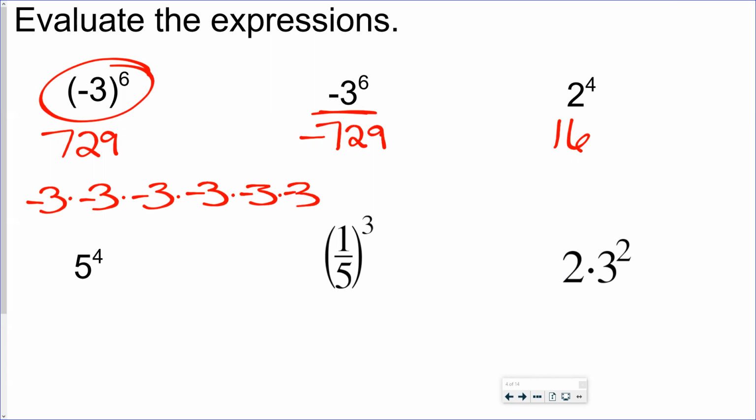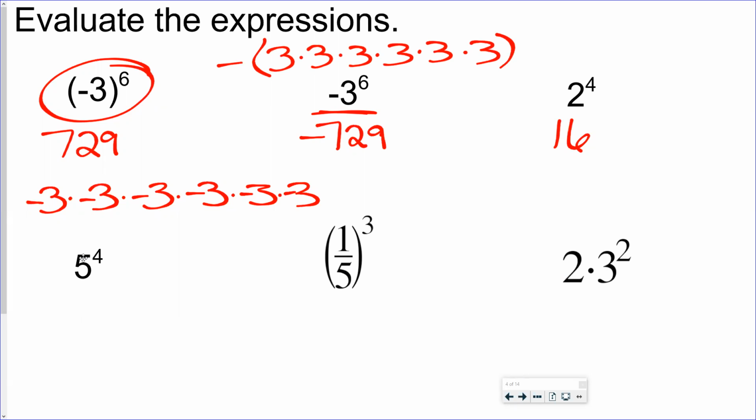However, the second one is saying multiply 3 by itself 6 times, and then whatever you get, it's going to be a negative number. So that's the difference between the first one and second one.